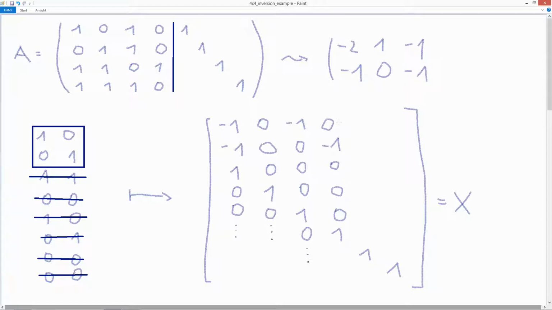Now the fourth column here, which is -1, -1, because here we have 0, 0, -1, -1, and these two columns here are unit vectors again, so this is pretty easy. We have 1, 0 and 0, 1.